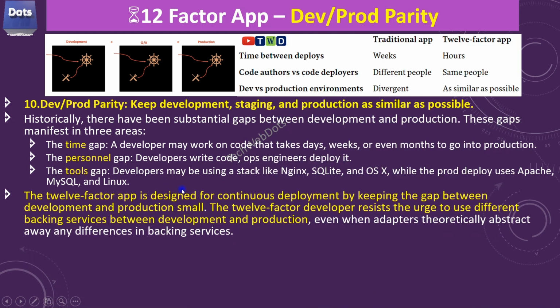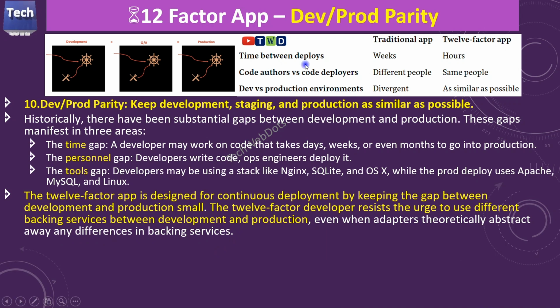So what does 12 factor say? A 12 factor application is designed for continuous deployment by keeping the gap between development and production small. How? The 12 factor developer resists the urge to use different backing services between development and production, even when adapters theoretically abstract away any difference in backing services.